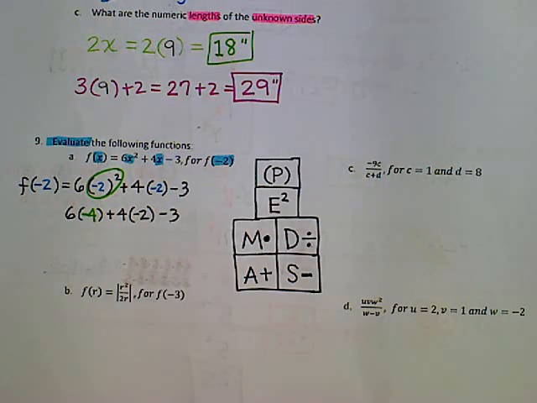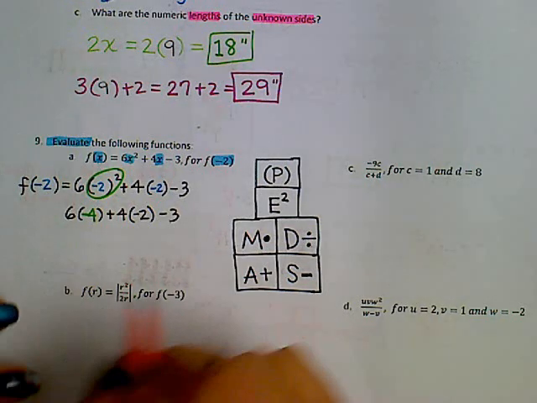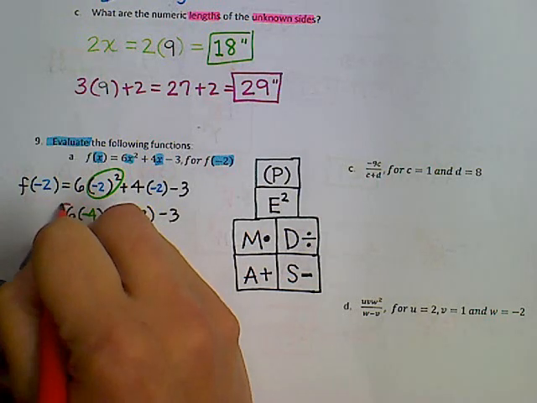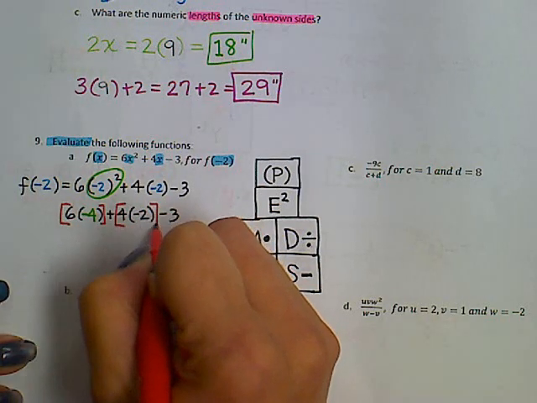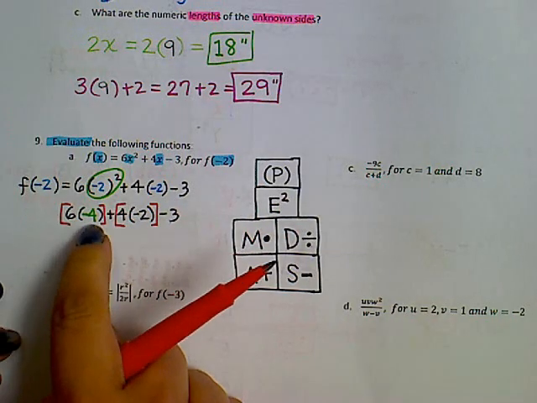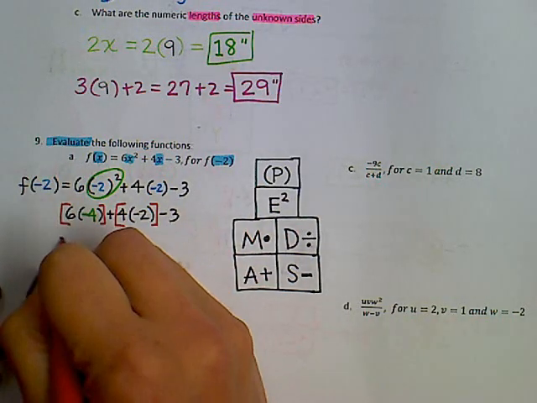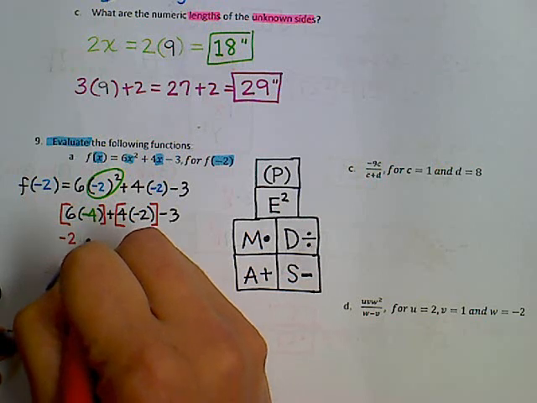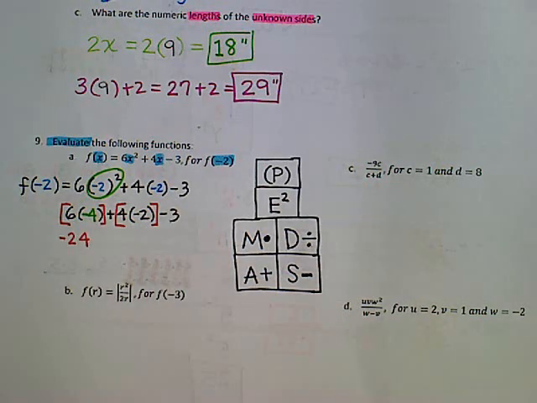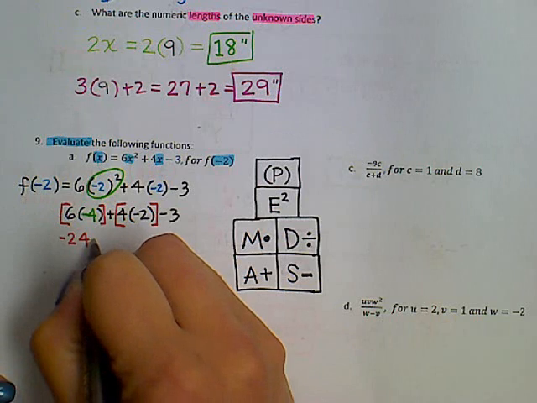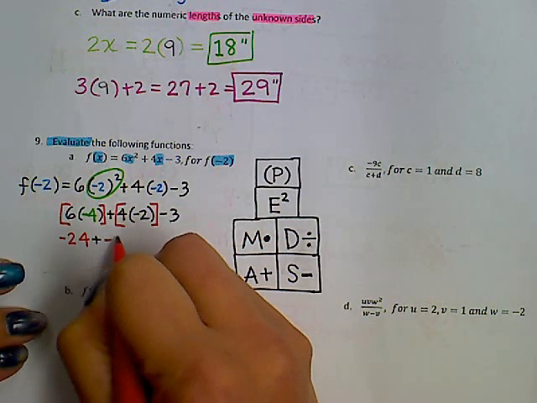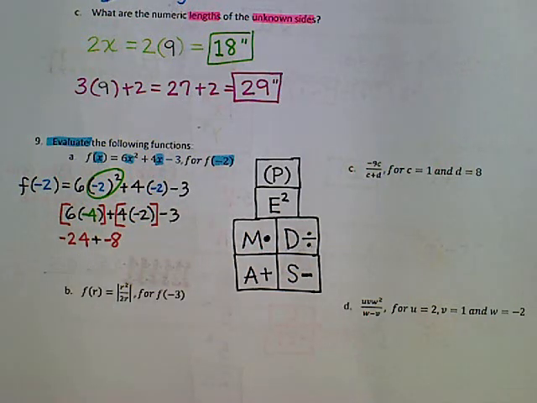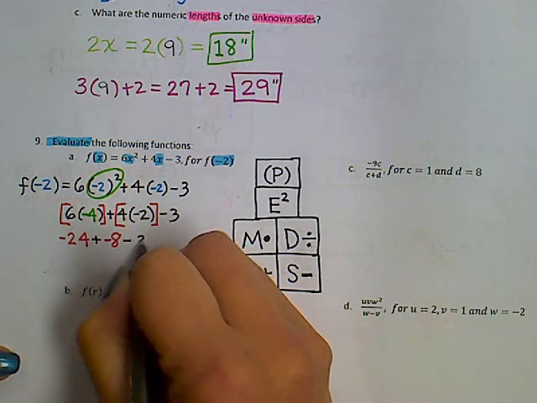Oh, well, times, that's actually multiplication here. So I have multiplication happening right here and right here. So 6 times positive 4 will give me negative 24. And then plus 4 times negative 2, that's going to give me negative 8. And now minus 3.